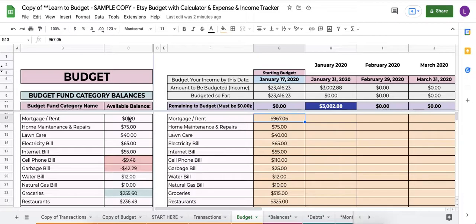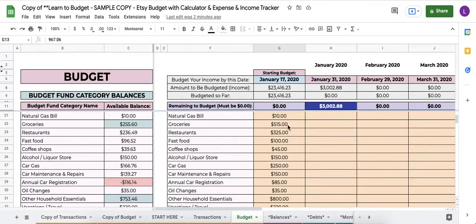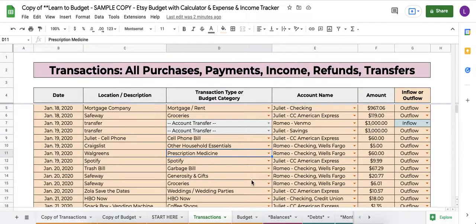Okay? Let's look at another number to see a great example of this. Let's actually go down to groceries. So when I started this budget, I assigned the initial amount of $515 towards my groceries. Then, during the month of January, from January 17th through the 31st, I spent money on groceries, and here's a great one.